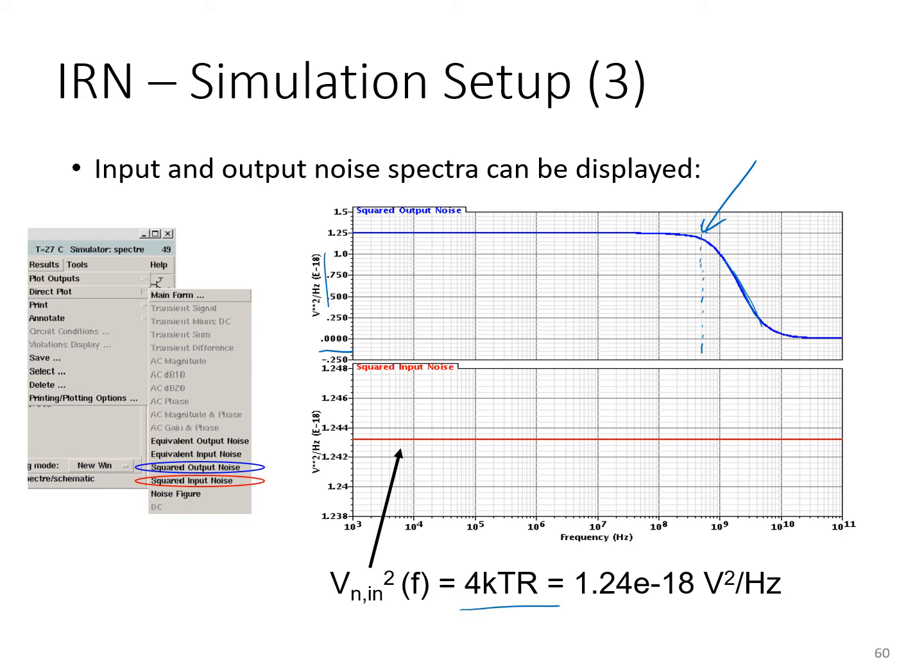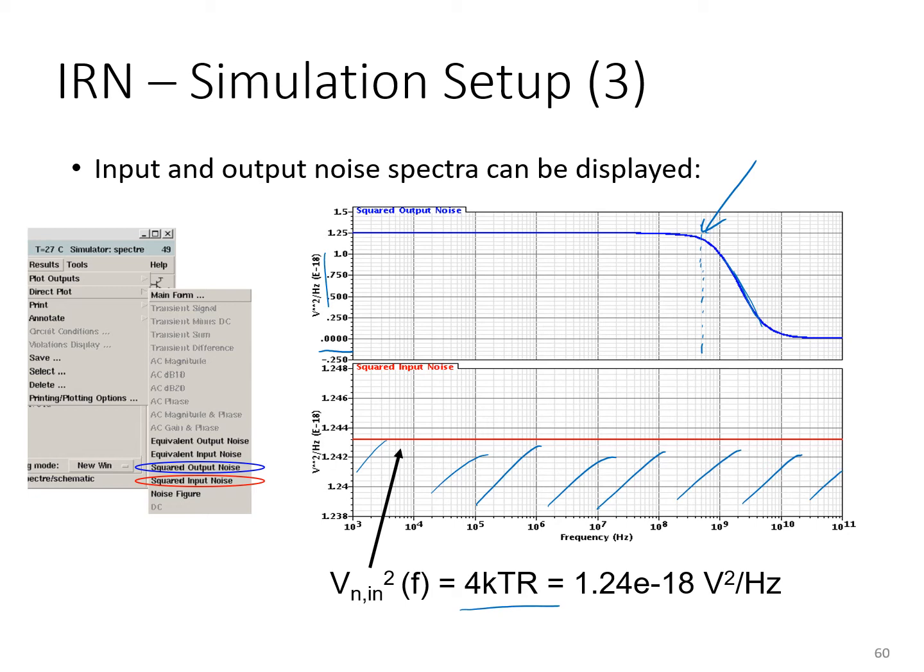And indeed, if you set this up properly, you should get precisely 4kTR for the input referred noise spectral density. But again, if you integrate this, it looks like you've got infinite input referred noise. But at the output, you've got a finite amount of noise.